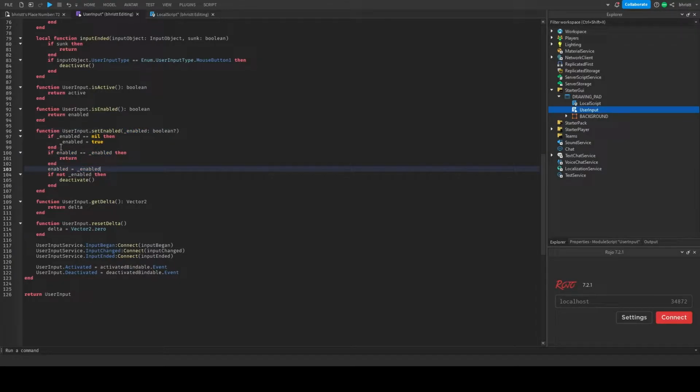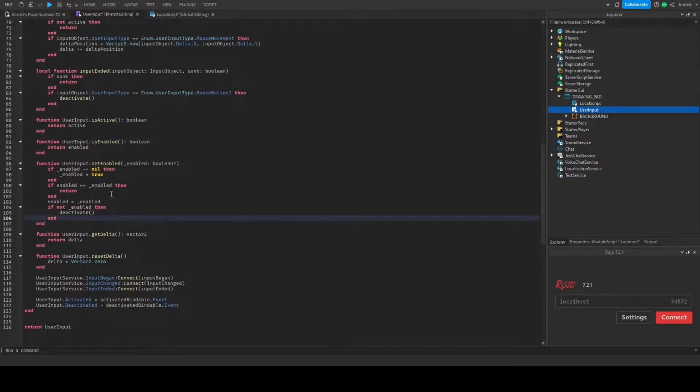But I went ahead and added this, so if enabled equals nil, then enabled will automatically be set to true. So if you don't add an enabled value to this argument here, then by default it will enable it. And I also added this, so if you're disabling the user input controller, then it deactivates the mouse.